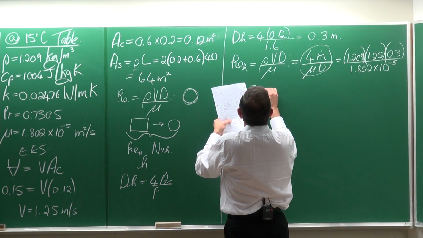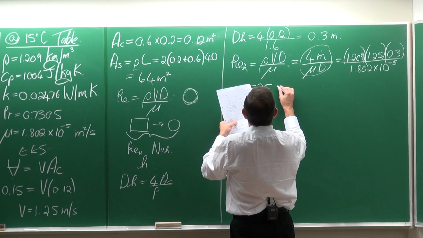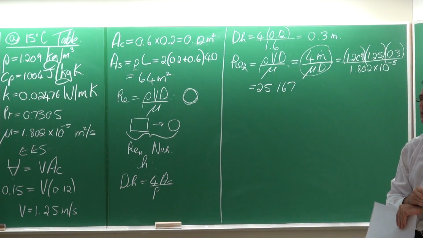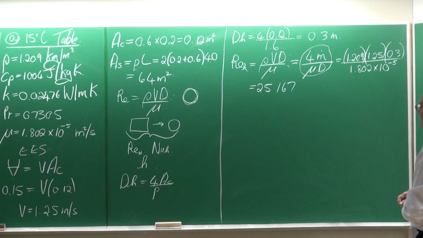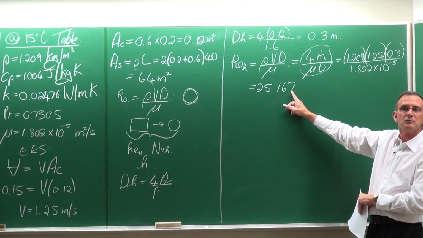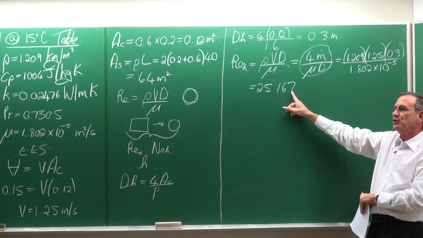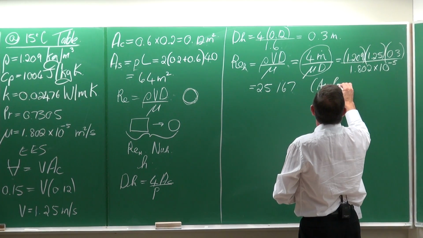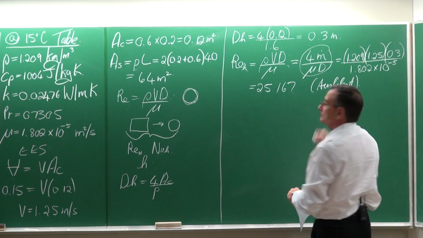And that will give us a Reynolds number of 25,167. That is about 10 times larger than where transition will occur. So we can assume that the flow would be turbulent.